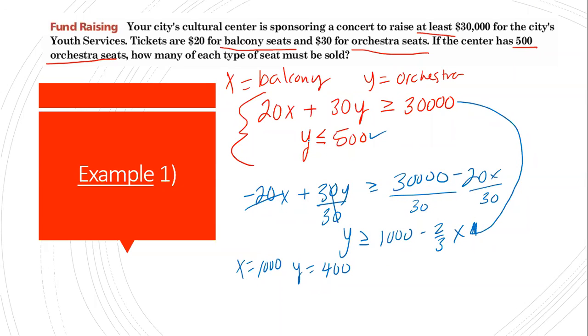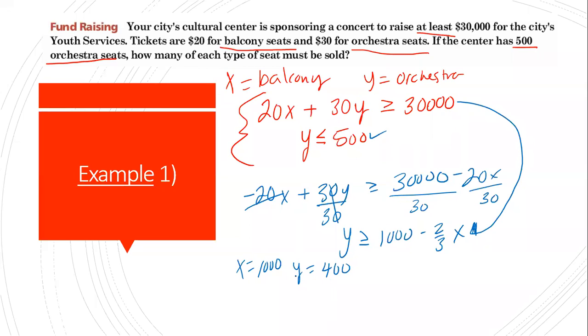If I plug these values into here, is this system satisfied? So 1,000 times 20 is going to give me 20,000. 400 times 30 is going to give me 12,000. And 20 plus 12 is 32, which is greater than 3,000. Okay.